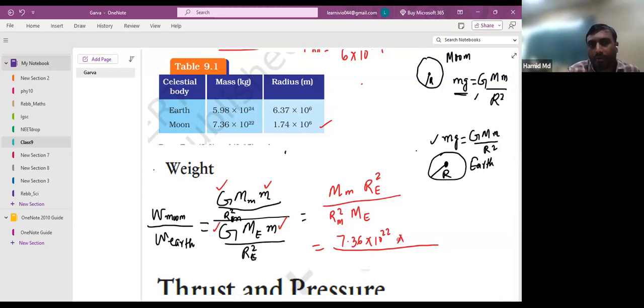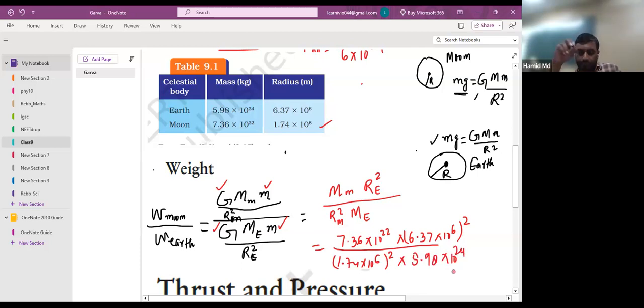Radius of Earth is 6.37 into 10 raised to the power 6 whole square. Radius of moon is now 1.74 whole square, into the mass of Earth, 5.98. Clear? Got the idea?